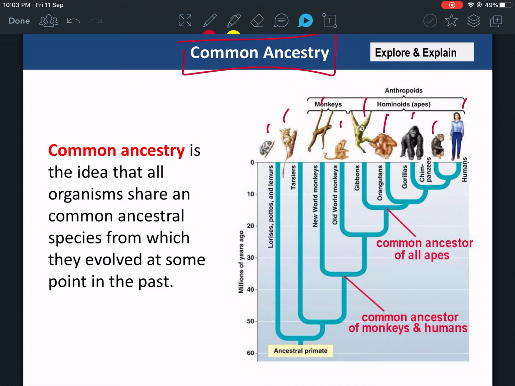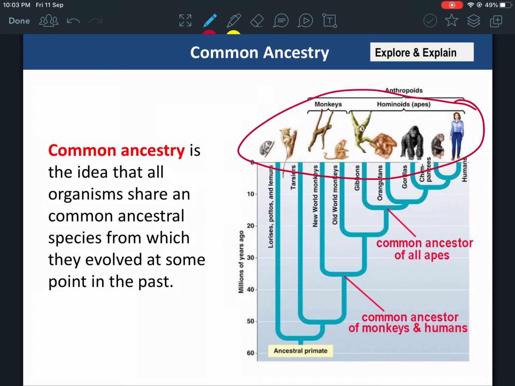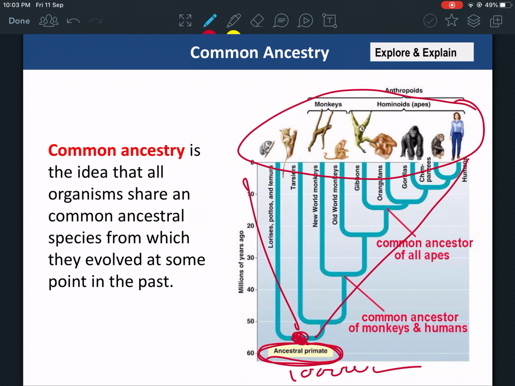Scientists believe that these all came from a common ancestor, a very long time ago, millions of years ago. There was a species, and then all of these other species evolved from this one, including us humans. But this is what scientists believe.